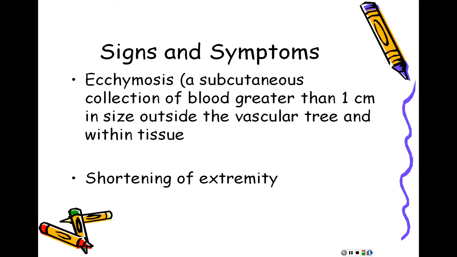But ecchymotic areas are going to be your larger reddened erythematous areas. And these are, again, the collection of blood greater than 1 centimeter, because blood is outside of the vascular tree, but it's still within the tissues. And then something else that we may see is an obvious shortening of an extremity.